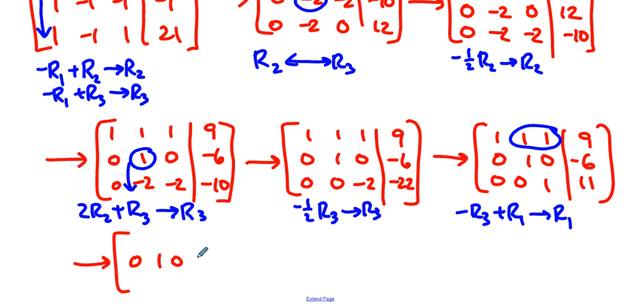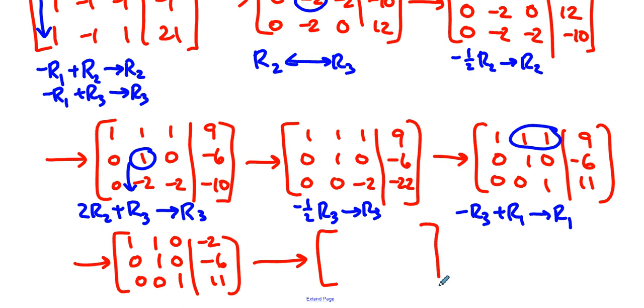So that -0 plus 1, -0 plus 1, -1 plus 1, -11 plus 9. And then the last step would be to take the opposite of row 2 and add it to row 1.